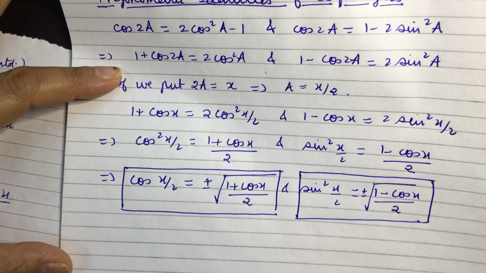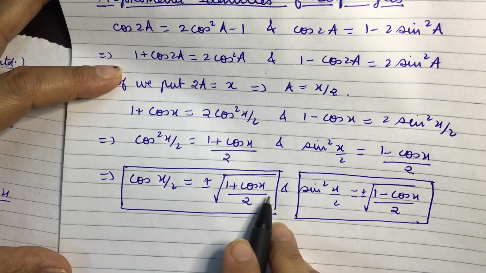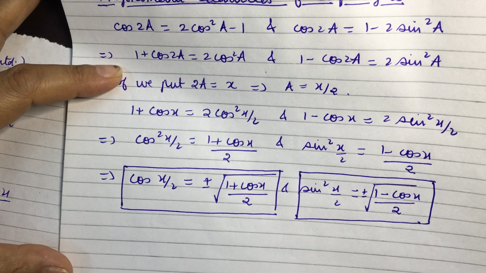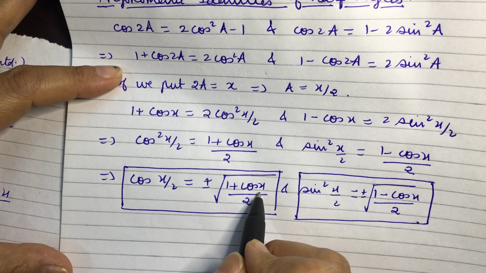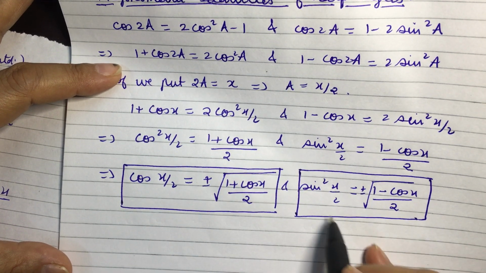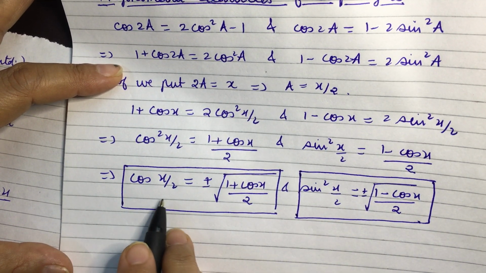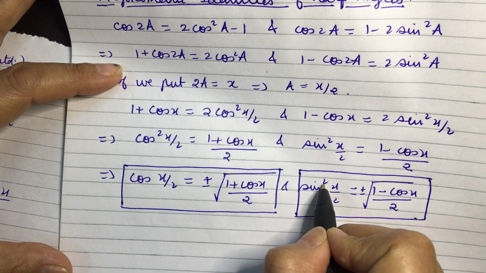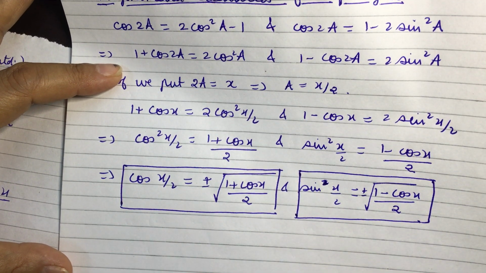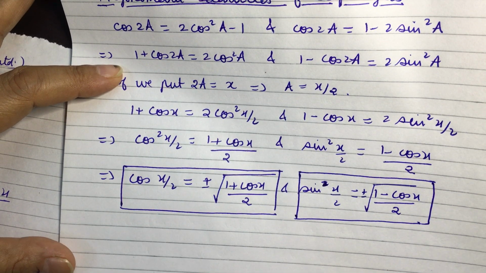So either if cos x is given directly to us or you are given any other trigonometric function, we first find the value of cos x and using this we can find the value of corresponding cos x by 2 and sin x by 2.